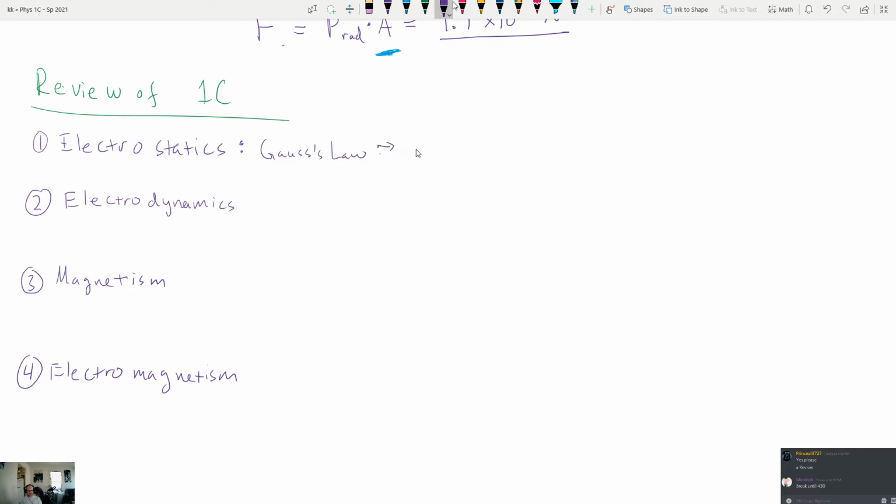It allows you to derive things like Coulomb's law, to talk about what electric fields are, electric potential, which we call voltage, and capacitors. All of these are contained within electrostatics, situations in which you have electric charges that are at rest. All of these concepts show up there.